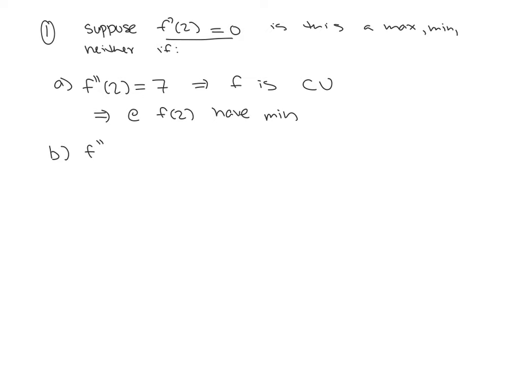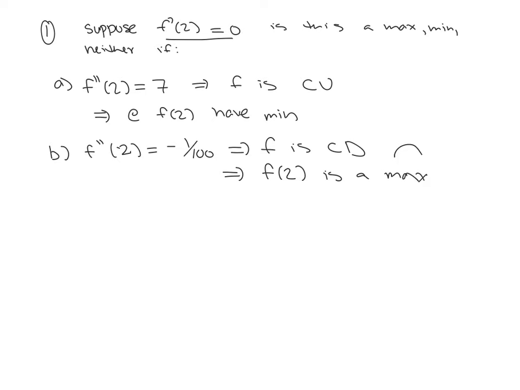What if I'd said the second derivative at 2 specifically was negative 1 over 100? What does that mean about f? Concave down. Concave down looks like this, right? Which implies that f of 2 is a max. Okay?